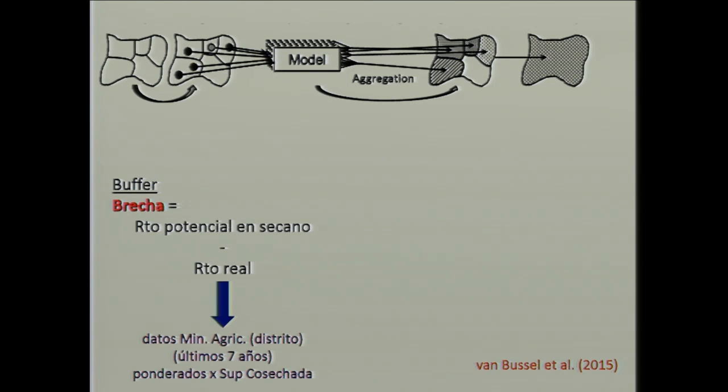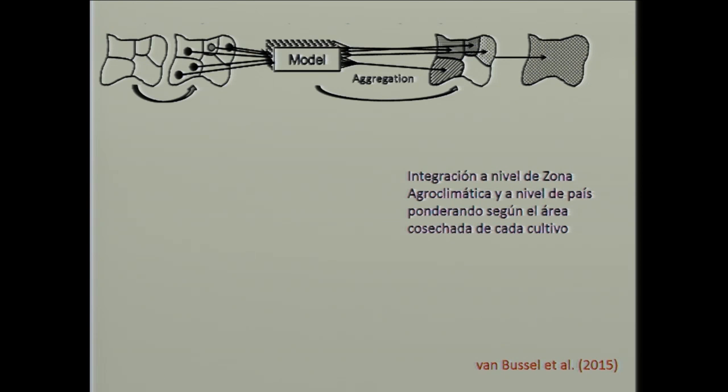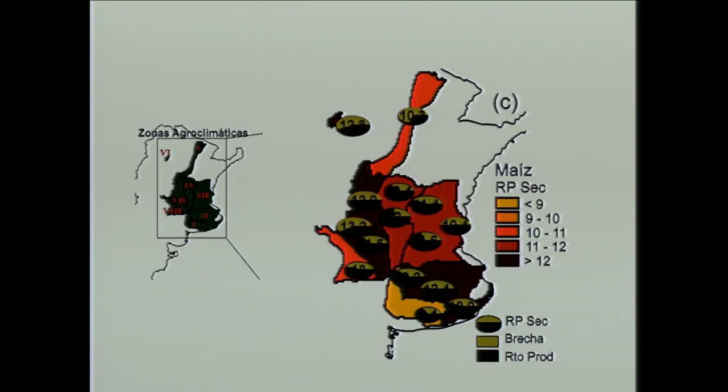The real yield comes from the yield obtained by the farmers, and this data is provided by the Ministry of Agro-Industry.